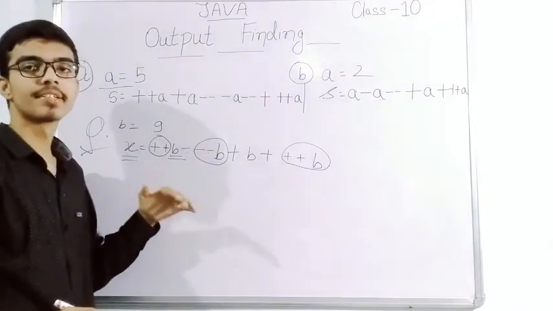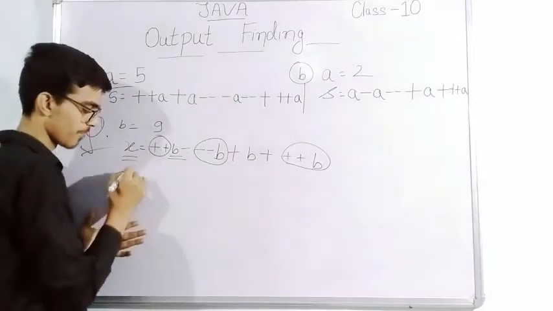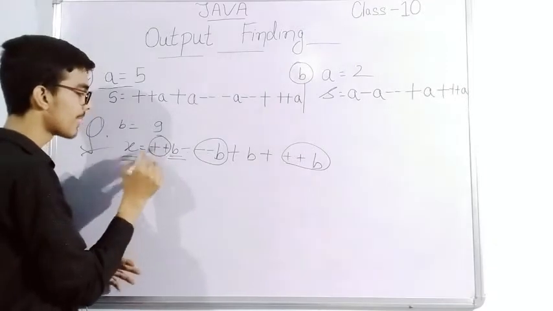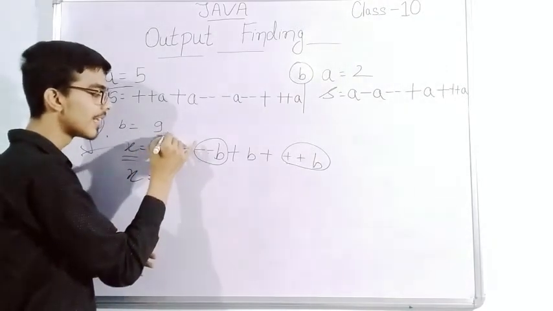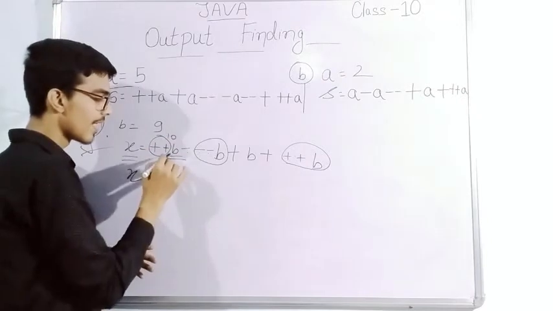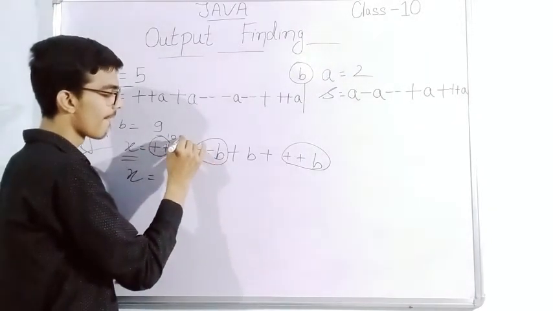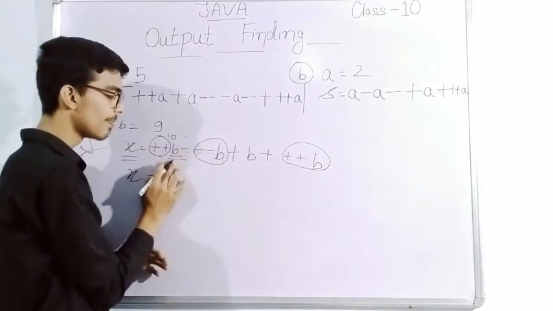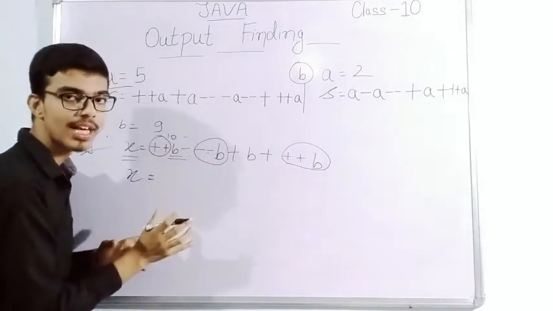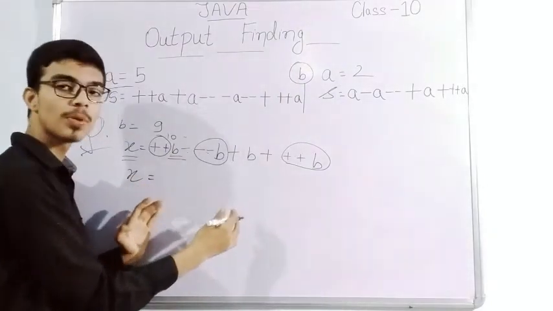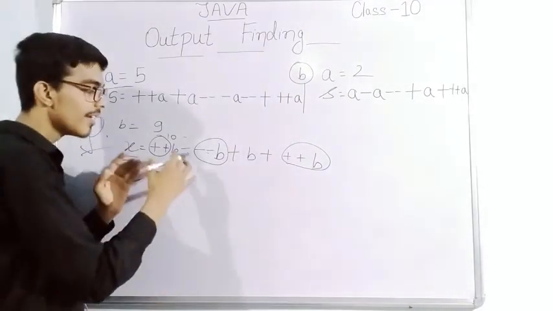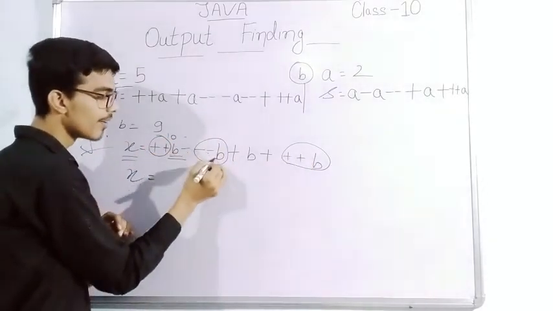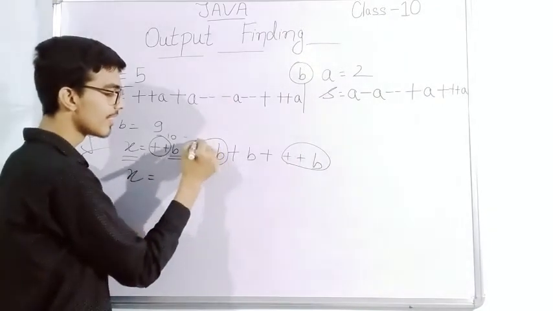So what we'll do first, we'll see how we'll write it. x is equal to plus plus b, means the value of 9 will increase by 1, so it will be 10, and 10 minus minus b, means value of b is now 10. This is what I was telling before, that the two programs are different, and here all are the same. The value of b is the same for all, so we'll take value of b as 10, and 10 minus 10 will be 9.